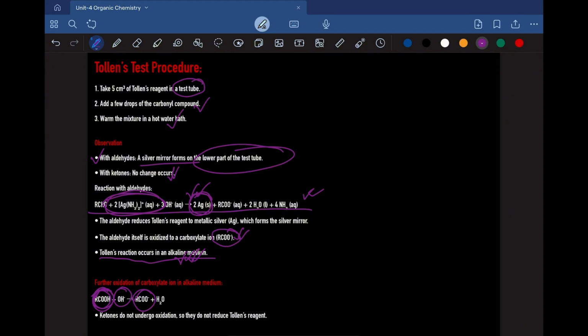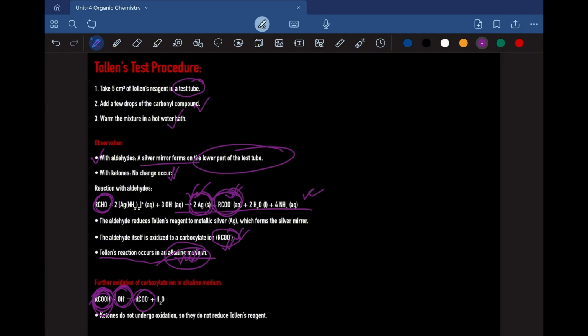This is the reason the carbonyl compound is forming RCOO minus, which is the carboxylic salt. The carboxylic acid which should have formed reacts with the OH minus of the alkaline medium and becomes a carboxylic salt. This is the main reason.